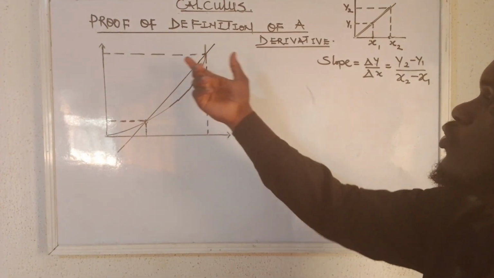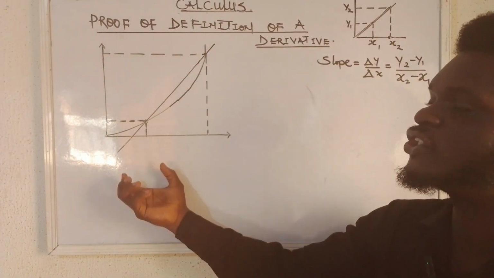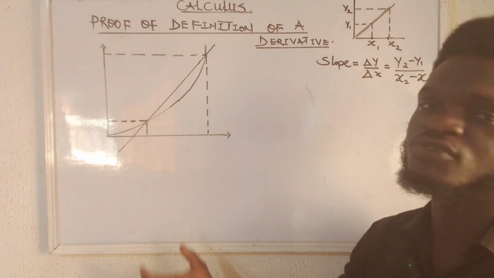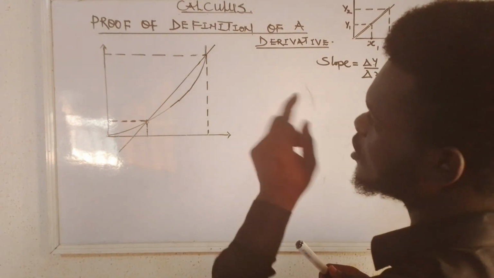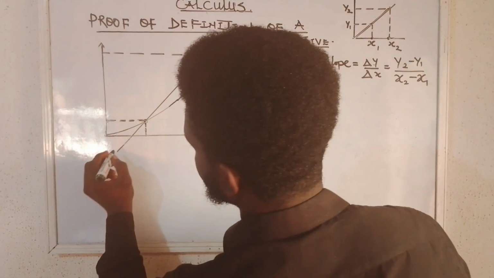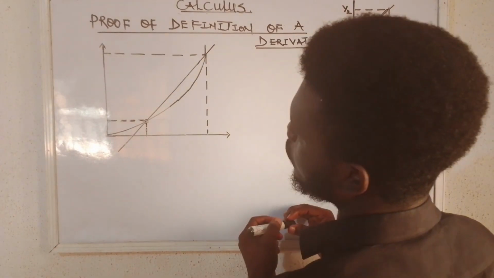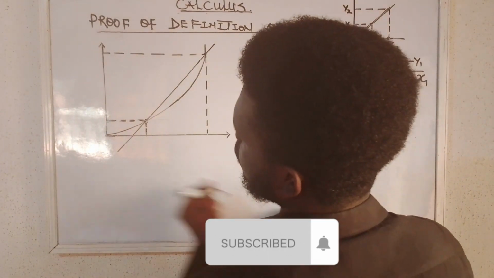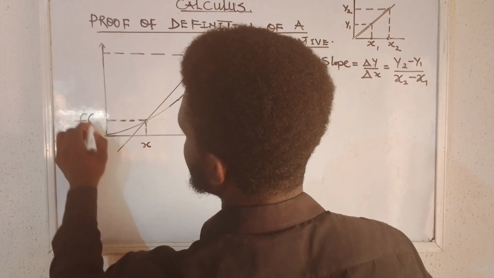That's the reason why I want to use this basic idea to show how calculus works. Now, let's assume this is a point. I already drew this out. These are 2 points, and this is a function. If this is x, this is a function of x.